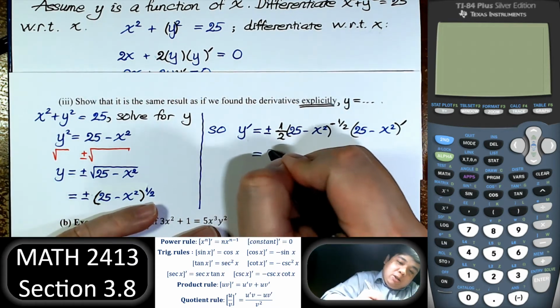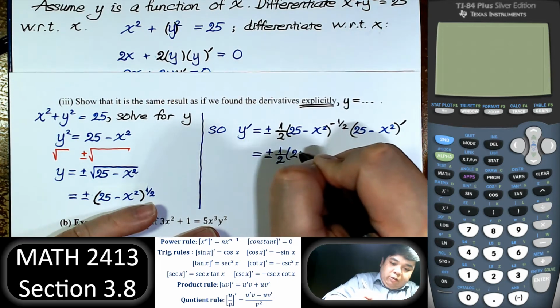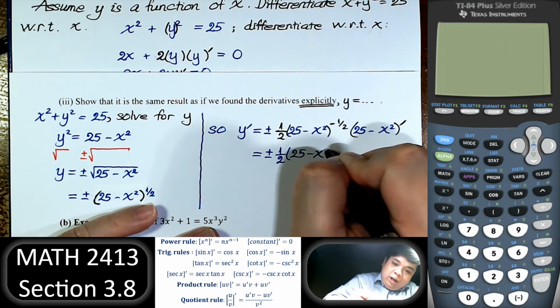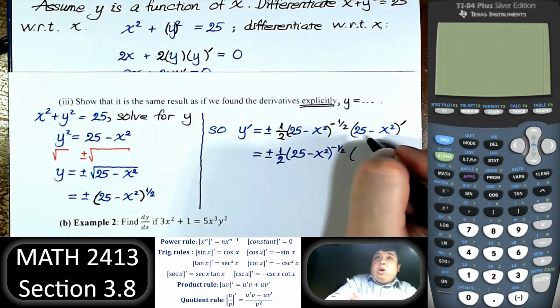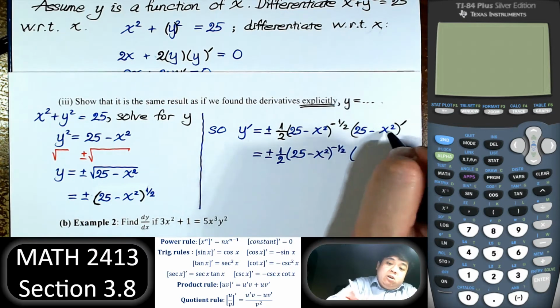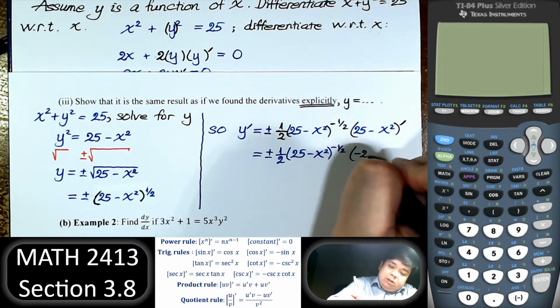That gives us plus or minus 1/2 times 25 minus x squared to the negative 1/2. The derivative of 25, that constant, is 0. The derivative of negative x squared will be negative 2x.